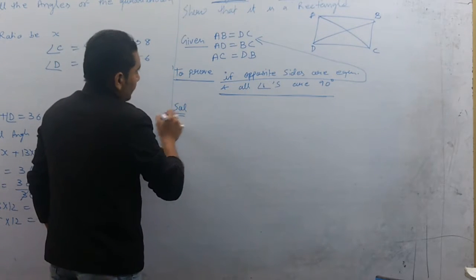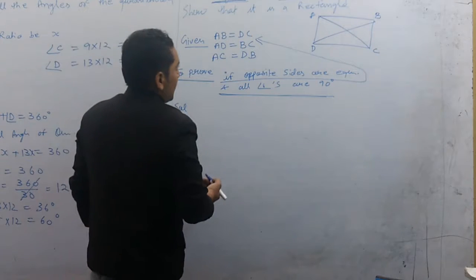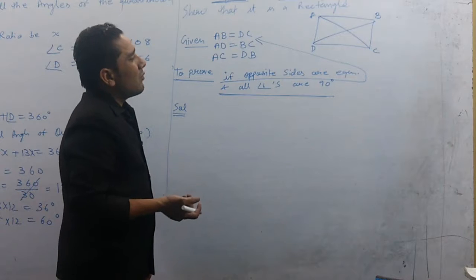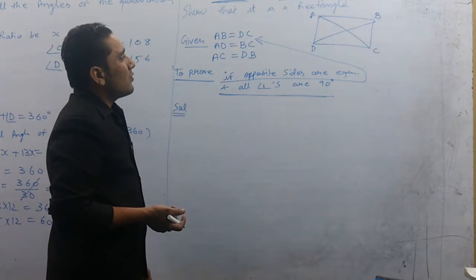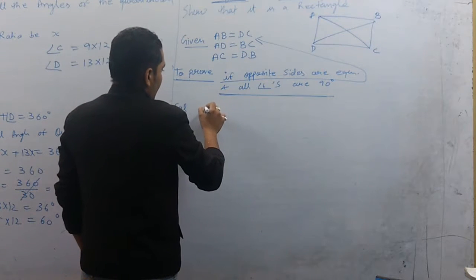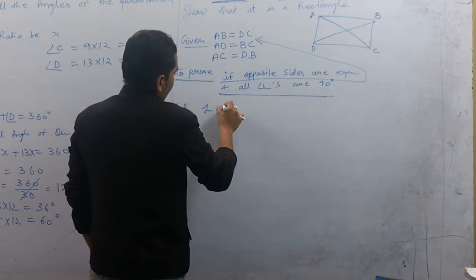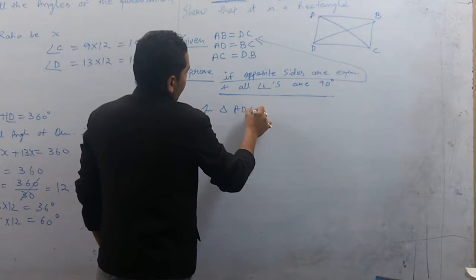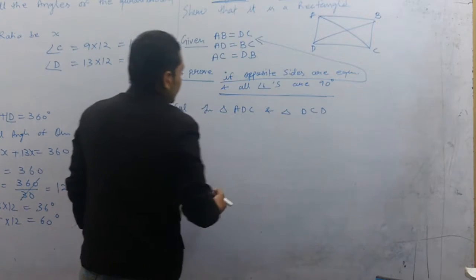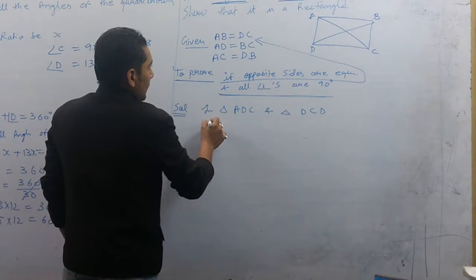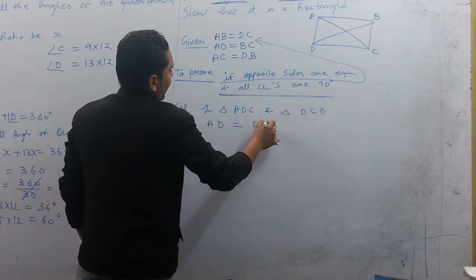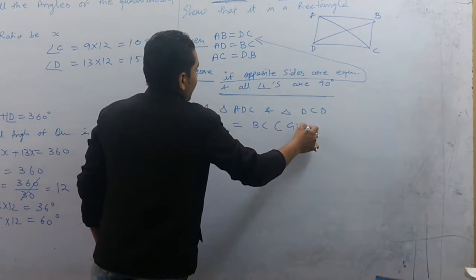Solution: to prove all angles are 90. There are many ways to solve this question, but the simplest we try is that in triangle ADC and triangle BCD, AD is equal to BC, we have given this.